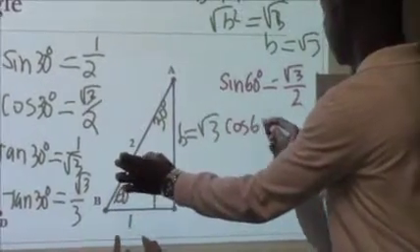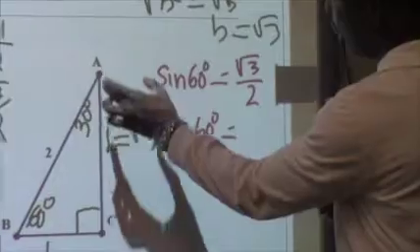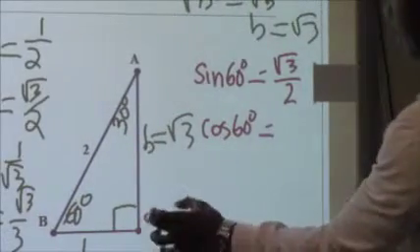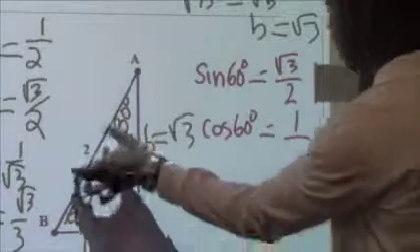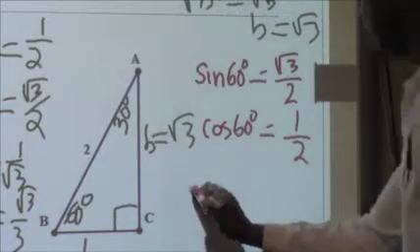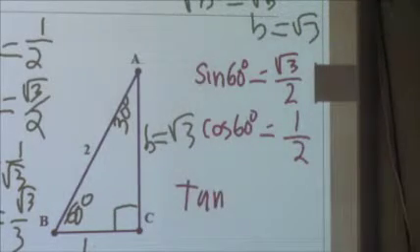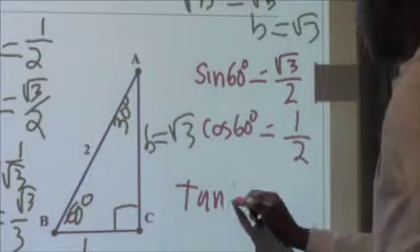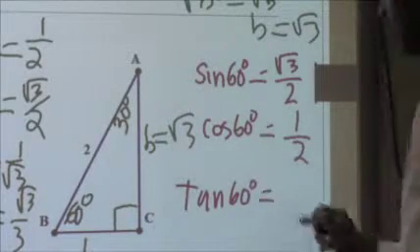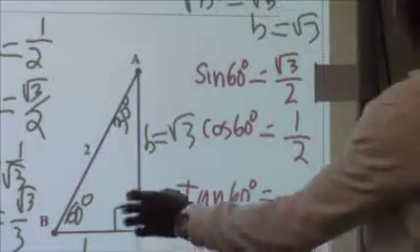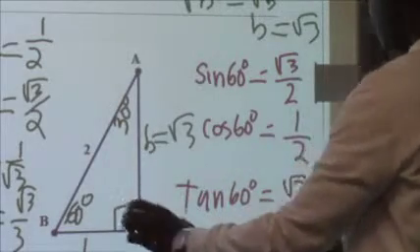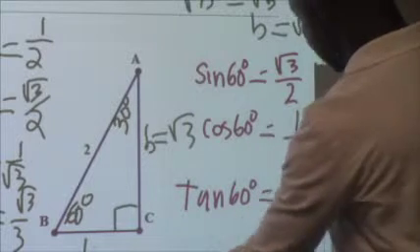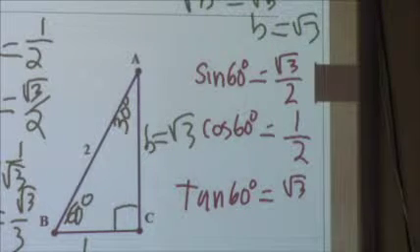Cosine of 60 degrees is equal to the adjacent, which is 1, over the hypotenuse, which is 2. And the tangent of 60 degrees is equal to the opposite, square root of 3, over the adjacent, which is 1, so it's just going to be square root of 3.